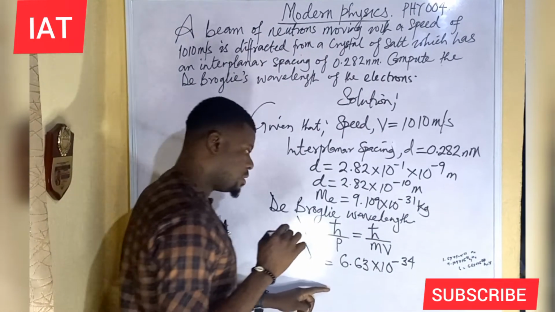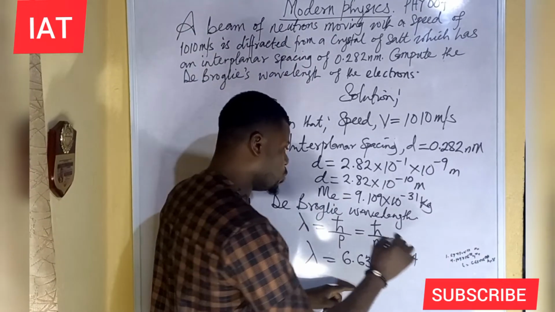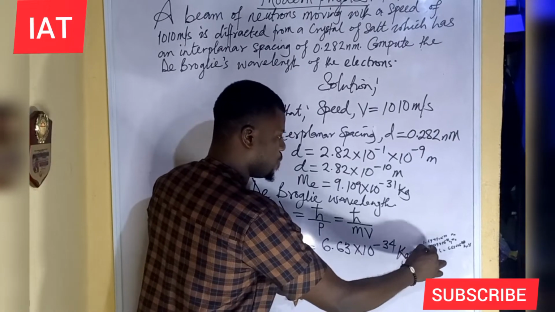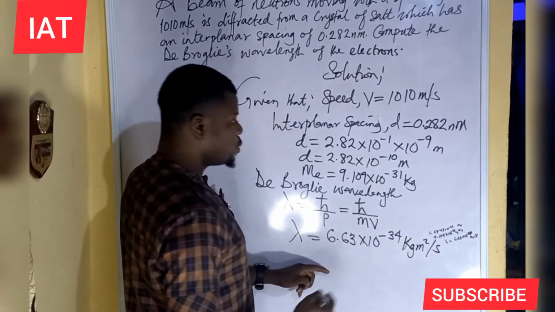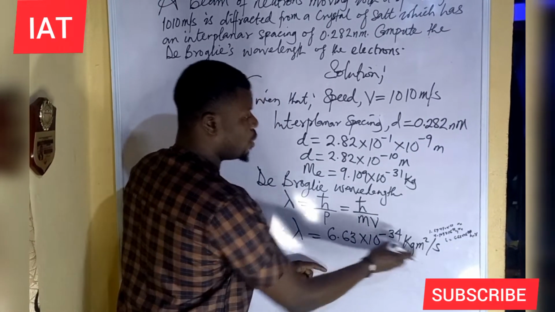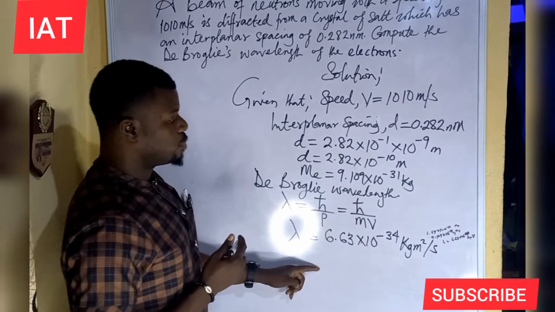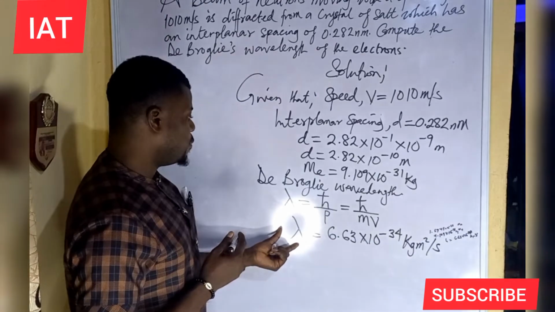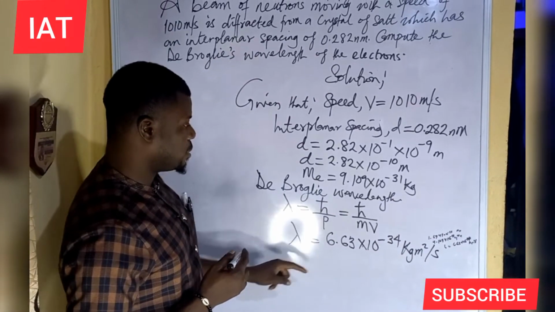If you don't want to put it as joule per second, because we know that 1 joule is kilogram meter square per second, so either put it as joule per second or kilogram meter square per second. So that is the value for this Planck's constant.